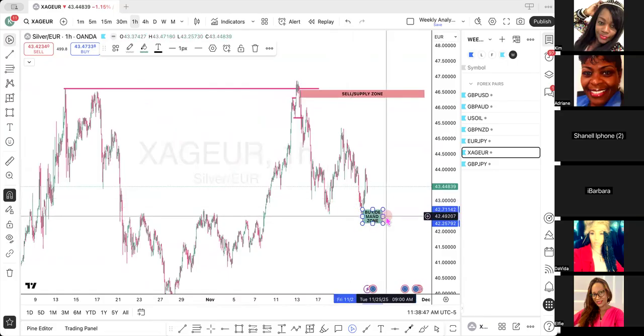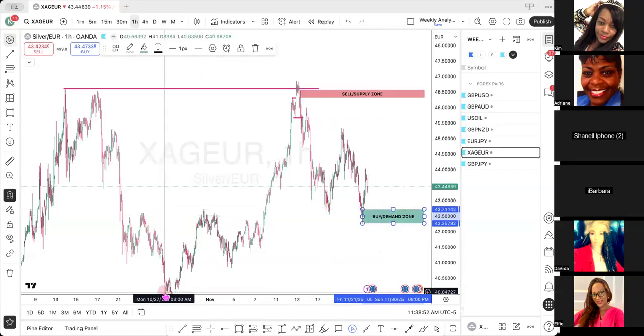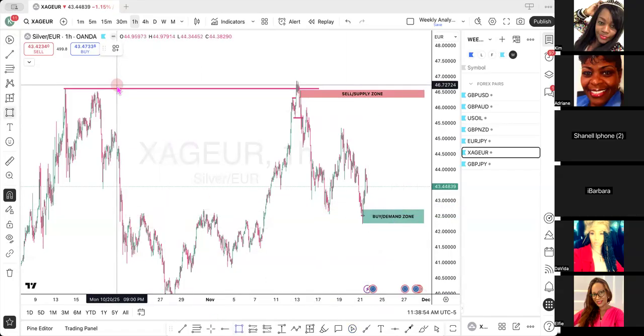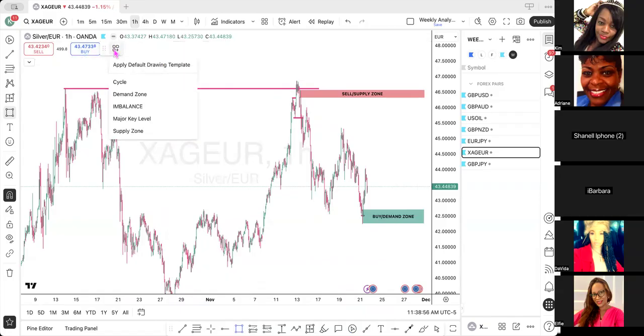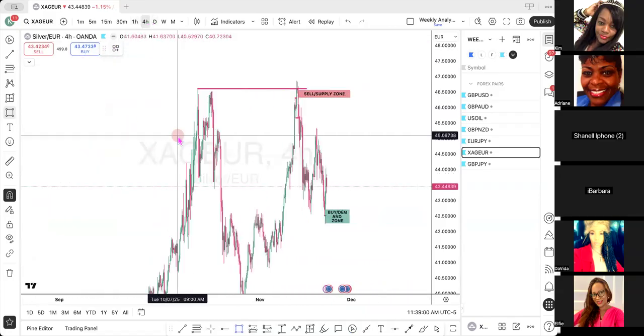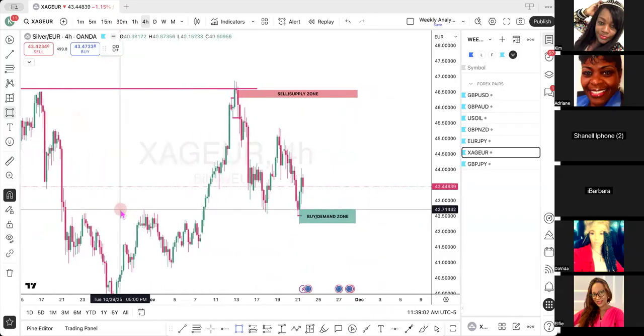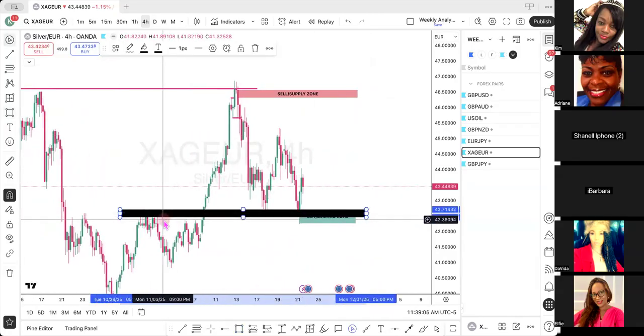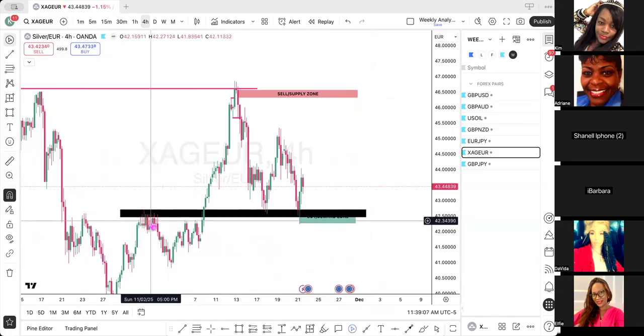So what I see is price tapped a key level, which was this zone right here. It was a strong level of resistance.